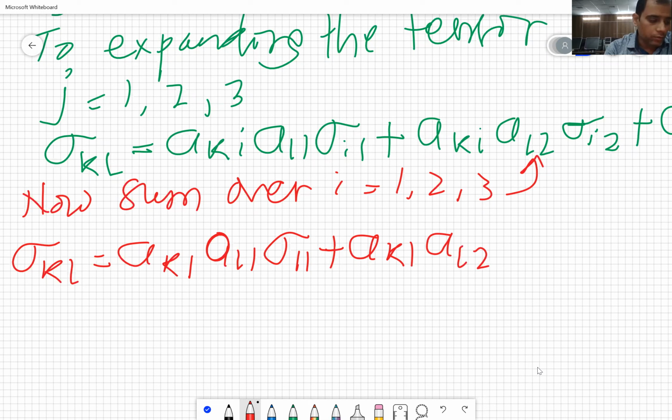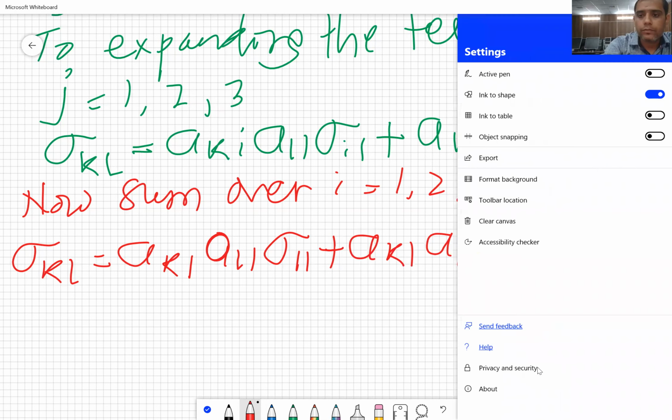I'm just putting L is equal to 2. A L2, I is equal to 2. Sorry, summation over I and J is here also. A L2 into sigma 1, 2. See, sigma 1, 2.